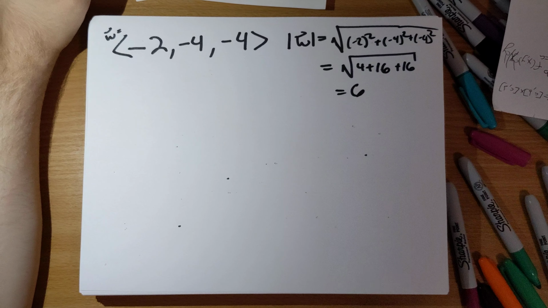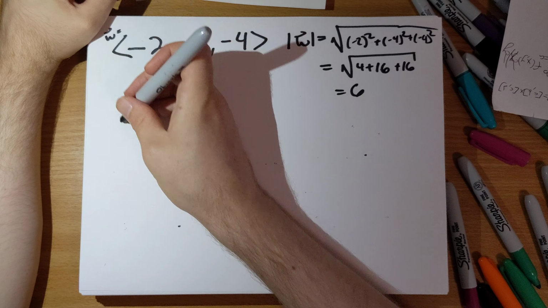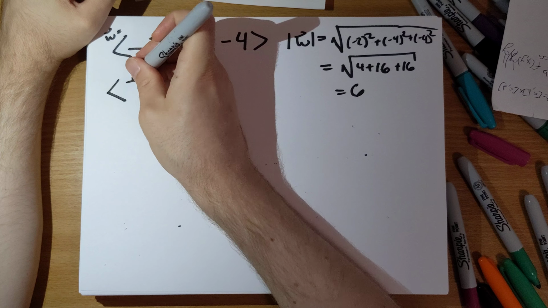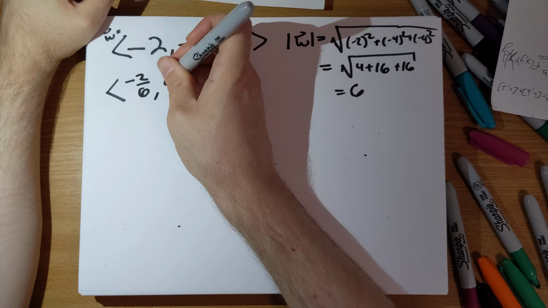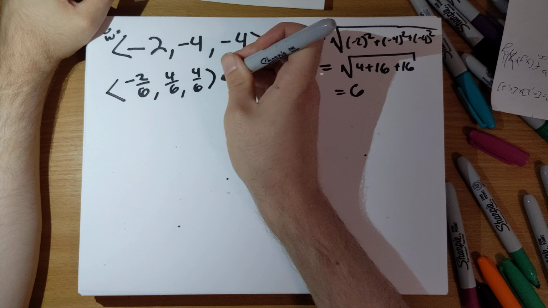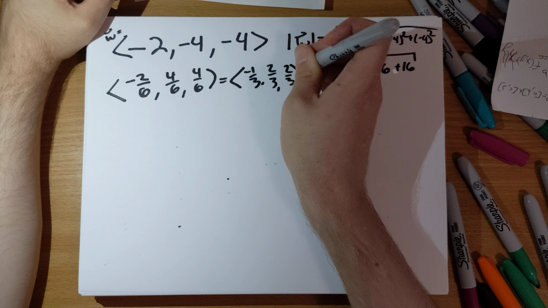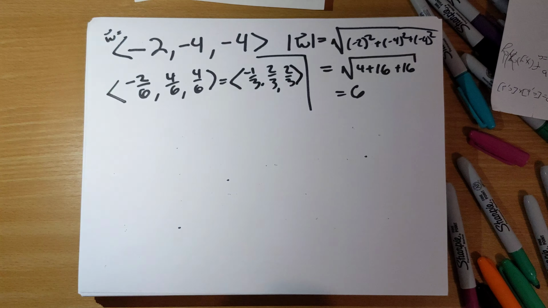That is 36. The square root of 36 is 6. So what is our final answer? Divide this by 6. Okay, so ⟨-1/3, -2/3, -2/3⟩ points in the direction in which f decreases most rapidly there.